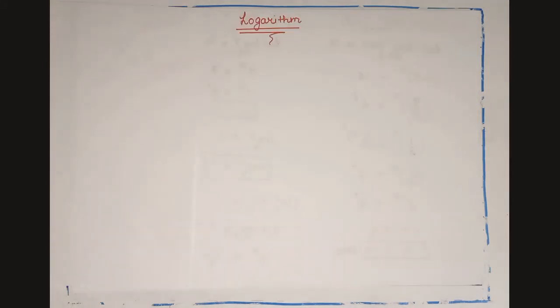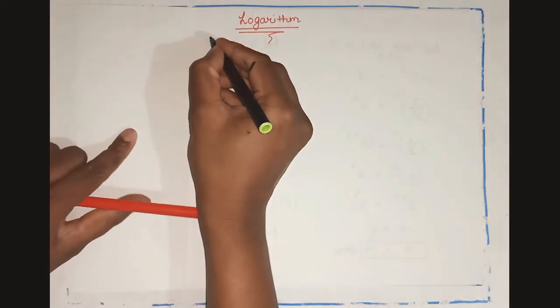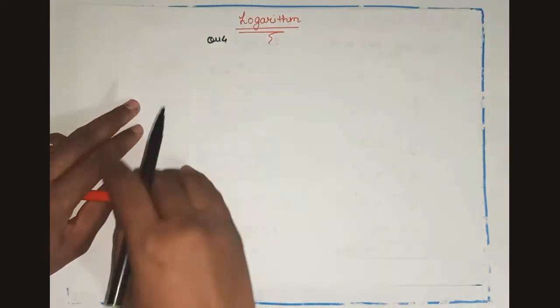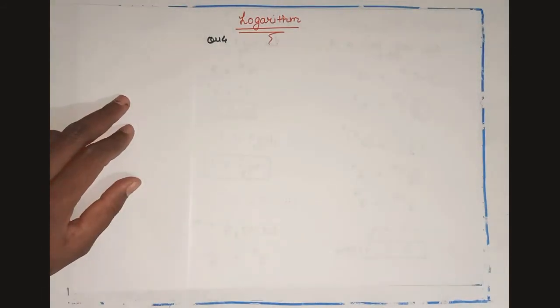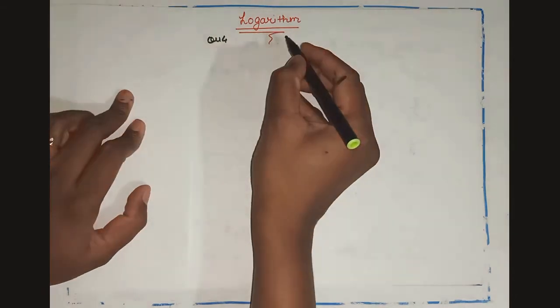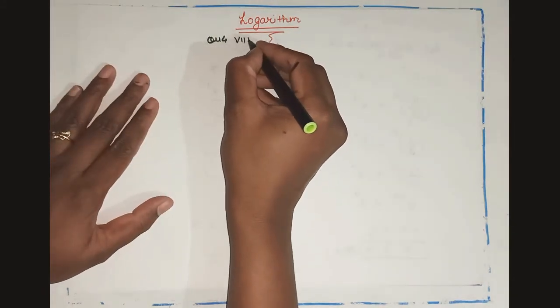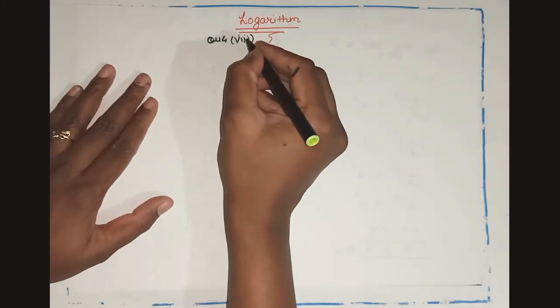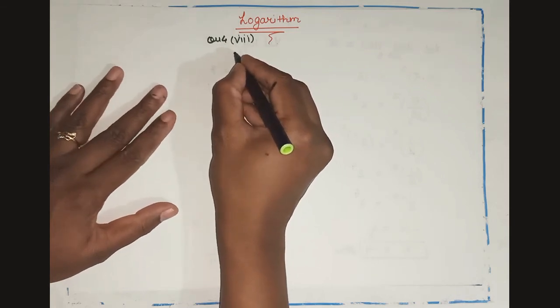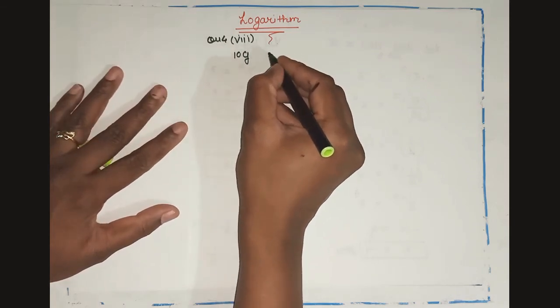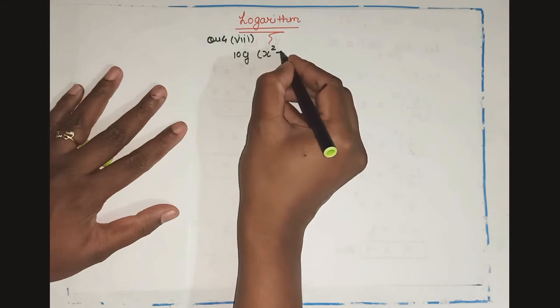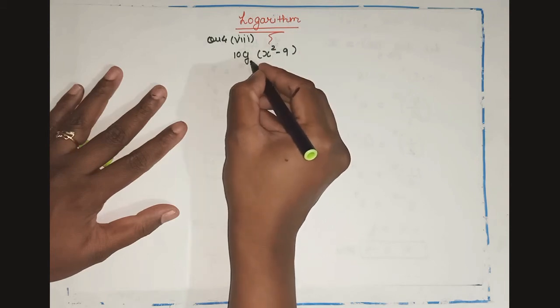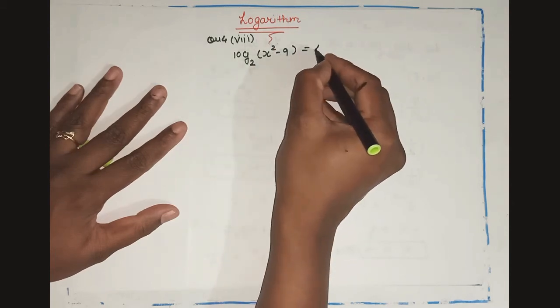Now let's see a few more problems from question number 4. I will be doing the 8th problem. In the 8th problem it is given log of x square minus 9 equals 4.